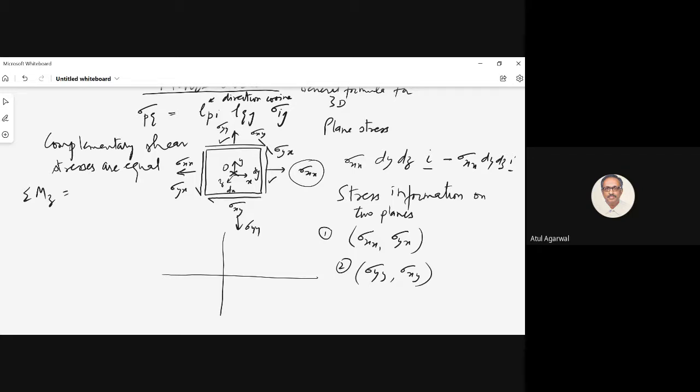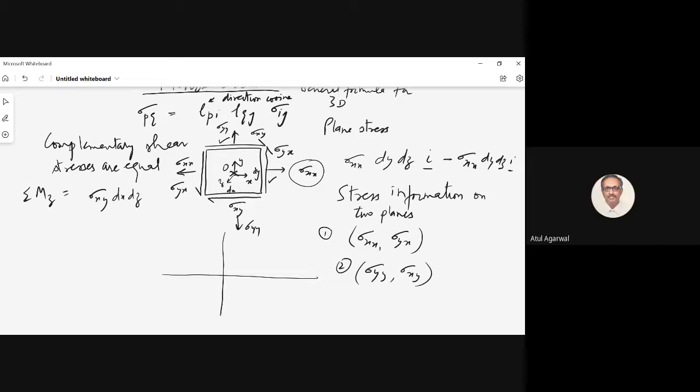So what is the moment caused by sigma xy? This is sigma xy on opposite faces. The moment is dx by 2 multiplied by the force. What is the force here? Sigma xy multiplied by the area.